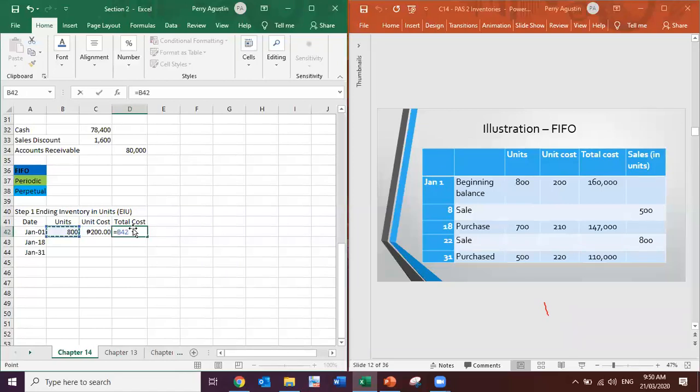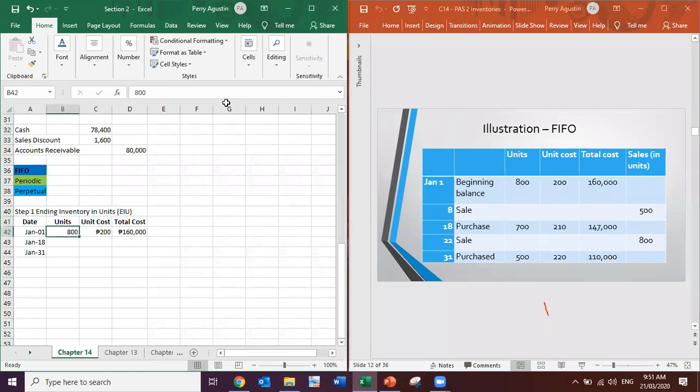So we have 800 units times 200 pesos. So we just simply multiply that. So how do we get the 160,000? 800 times 200, 160,000. Did everyone get that? Raise your hands. There you go.